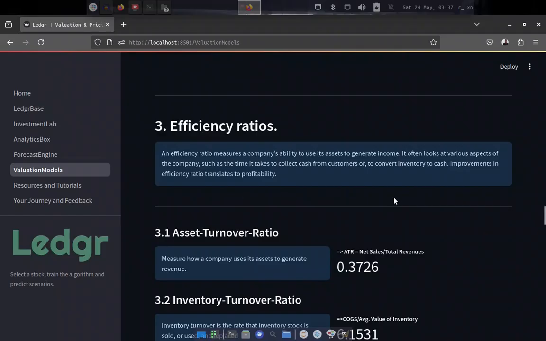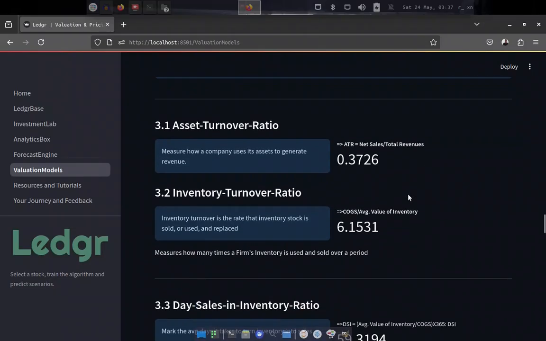For instance, the asset turnover ratio is 37%. That means NTPC only uses 37% of its assets to generate the main revenue. So there's scope for growth.